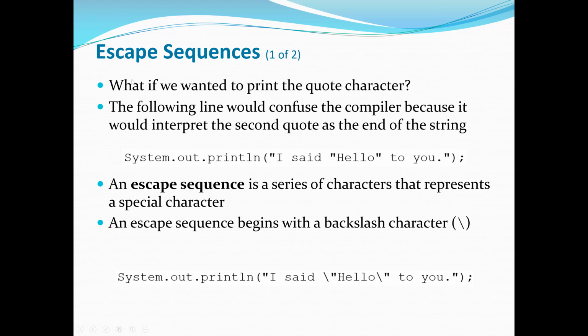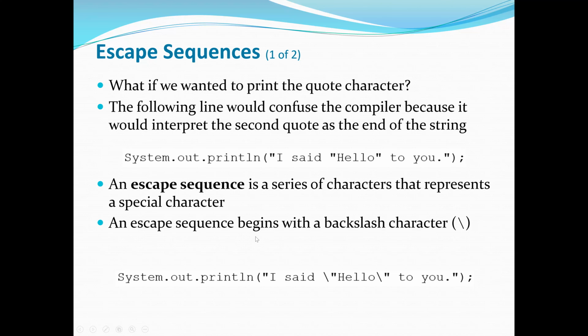So here we say, what if we wanted to print a quote character? The following line will confuse the compiler because it will interpret the second quote as the end of the string, as we said. So this will give us an error. Now, an escape sequence is a series of characters that represent a special character.